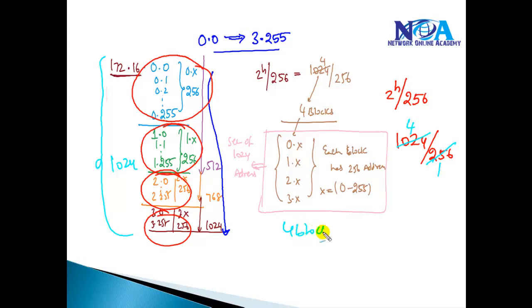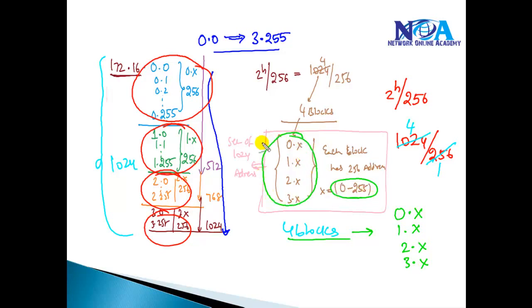So if you want 1024 addresses, we need 4 blocks of addresses. Starting from 0, the 4 blocks will be 0.x, 1.x, 2.x and 3.x, where x represents all the addresses from 0 to 255.